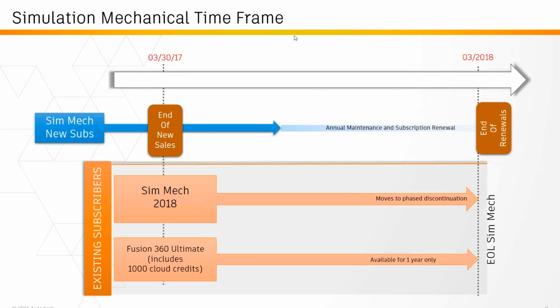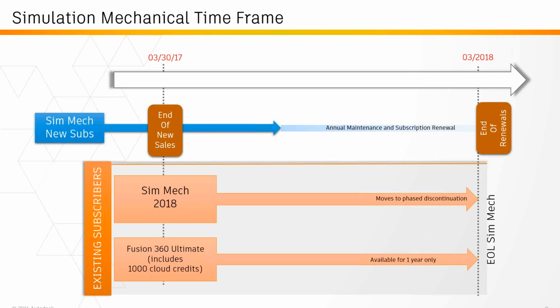Okay. So if we take a look at the time frame, besides the phasing out schedule, you've probably also learned that you get a free year of Fusion 360 Ultimate, and that includes the full breadth of the simulation capabilities in Fusion 360. So the basic and the more advanced capabilities that we have in Fusion 360 so far, and that's going to include that 360 Ultimate includes 1,000 cloud credits for your cloud solutions.